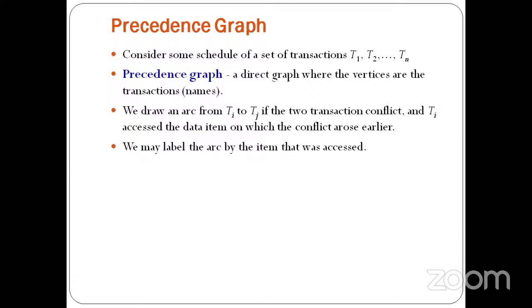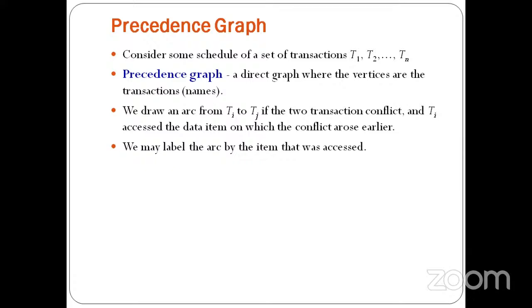We draw an arc from Ti to Tj, two transactions that conflict, and this will access a data item on which the conflict arose earlier. What is the meaning of this?